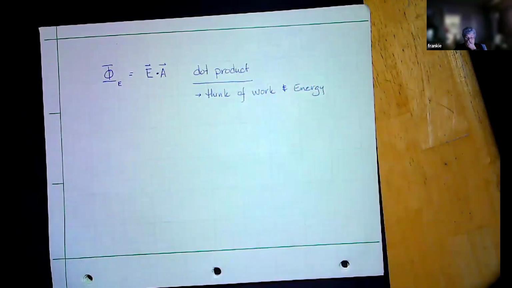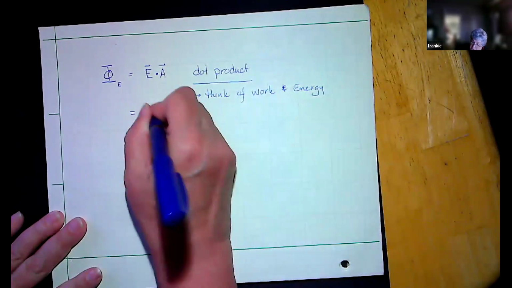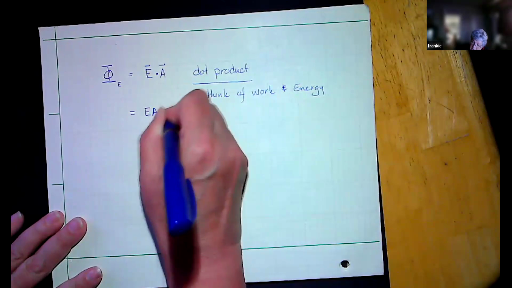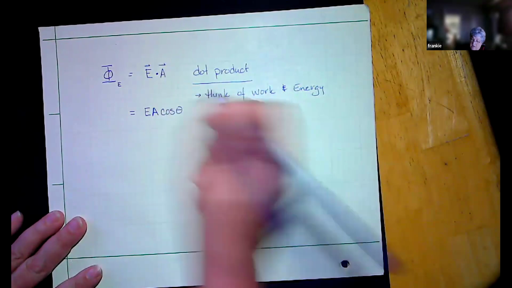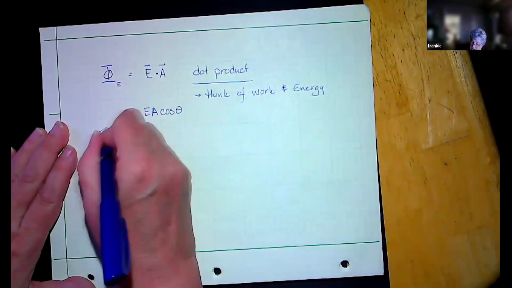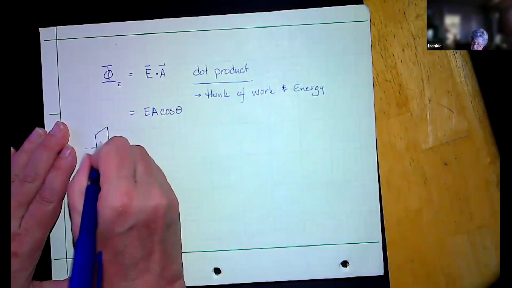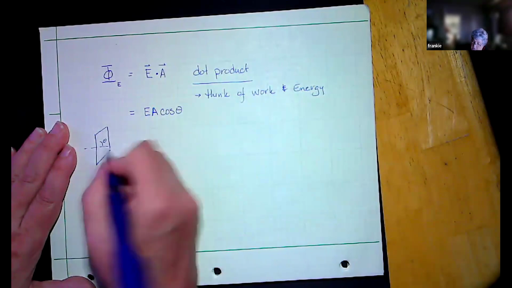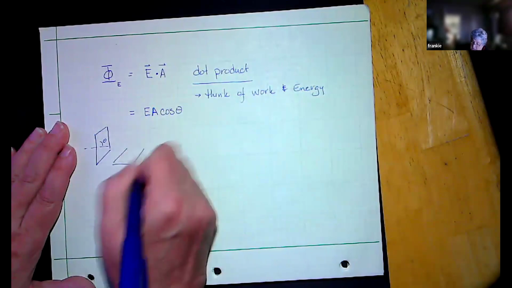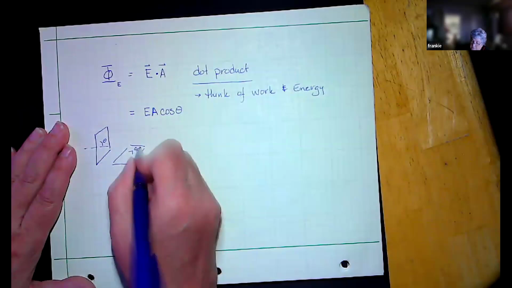And when we did that before, my dot product was the magnitude of my electric field times the area cosine of the angle, where if I'm in my parallel or perpendicular plane, that angle is going to be 0. And if I'm parallel to the plane, that angle is going to be 90 degrees.